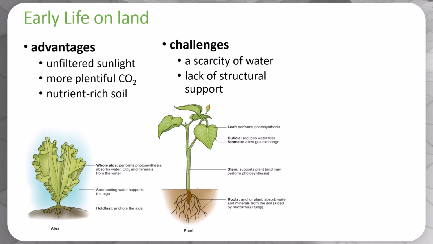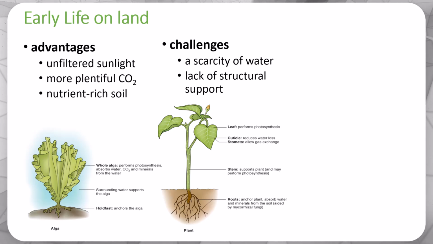So early life on land had some advantages for plants. There was unfiltered sunlight, so more light available. There's more plentiful carbon dioxide and potentially nutrient-rich soil, depending upon what time we're talking about they arrived on land. As far as challenges go, though, obviously on land there's a lack of water, and the plants had to deal with a lack of structural support for their bodies.